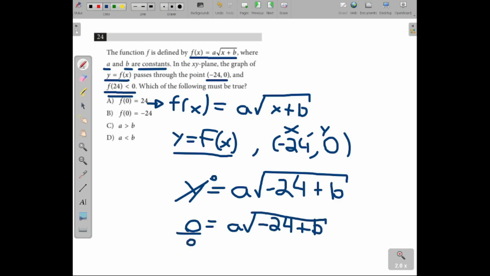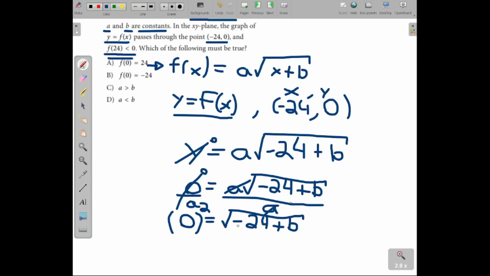Here we can divide the equation by a. We'll get 0, because 0 divided by any number is 0, and a divided by a is 1, so we'll get the square root of negative 24 plus b.